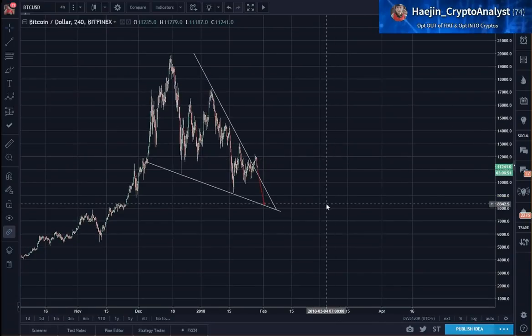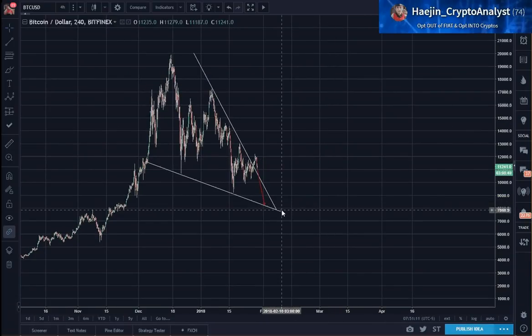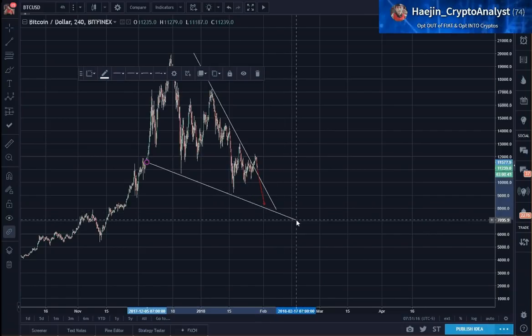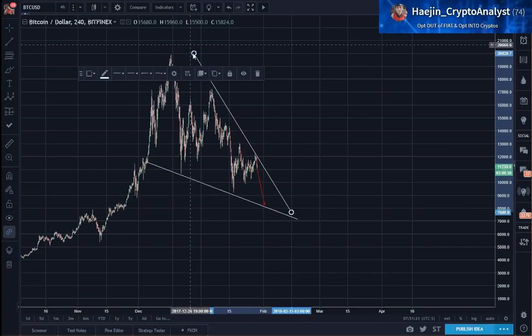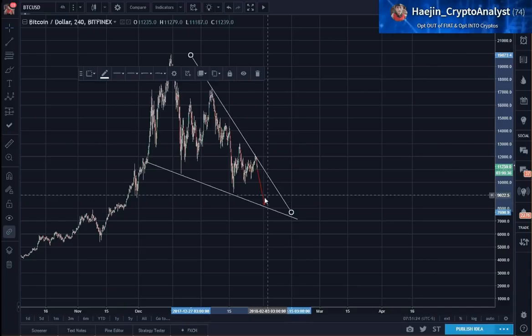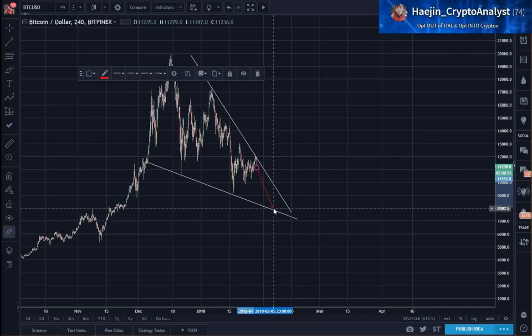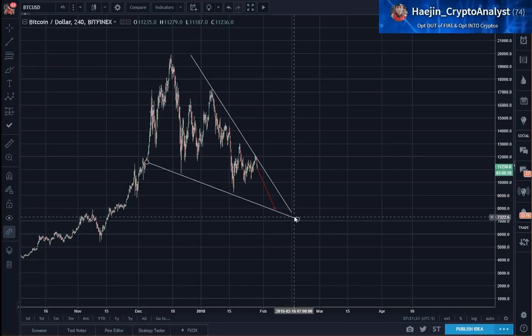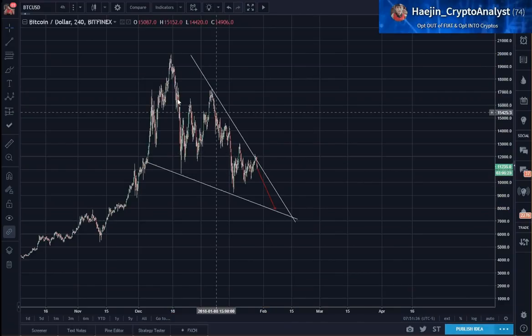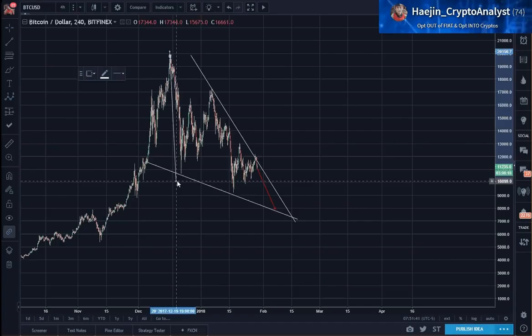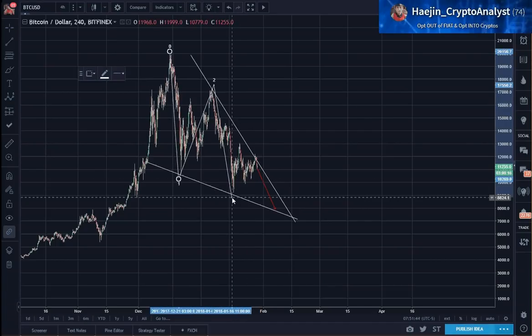And gives us the 8,000. That would put a very nice fitting ending to this correction, which will be labeled as 1, 2, 3, 4, and 5.